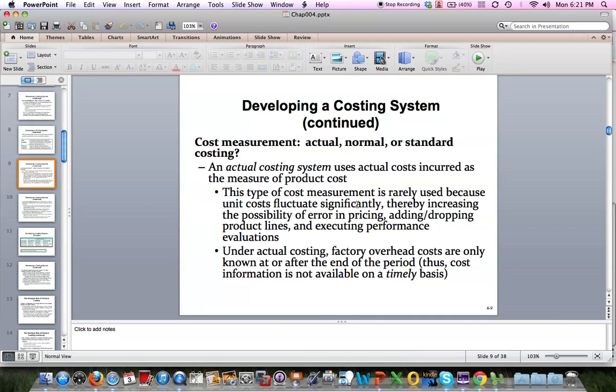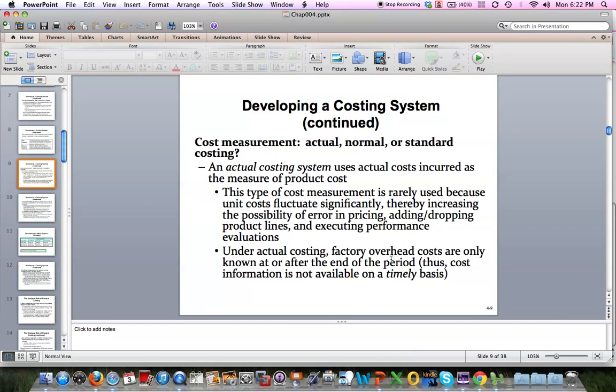That's one reason. The other issue is it's not very timely, because we need to capture actual cost, not just direct costs, which are easy to capture, but also all the indirect costs and factory overhead, which take time to accumulate and capture. So when we get to the end of an accounting period, like a year, if we're using the actual system, it could take months until we've completely understood what our true factory overhead was for the year.